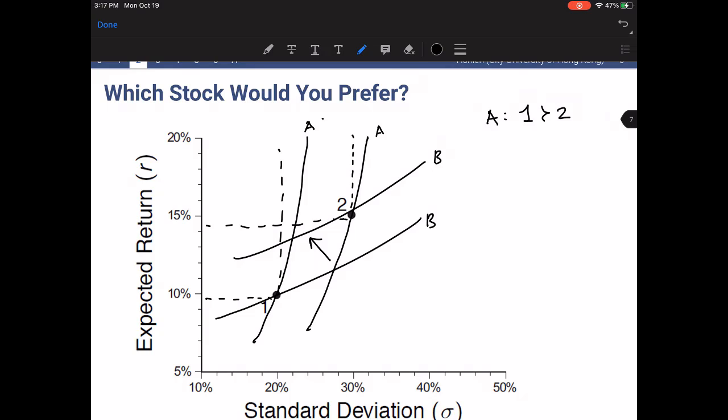So for investor A, 1 is preferred to 2. For investor B, 2 is going to be preferred over 1. So there is no universal preference here, and it depends on risk. And based on our definition of risk aversion, it should be obvious who is more risk averse.